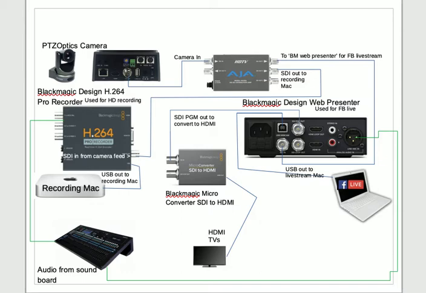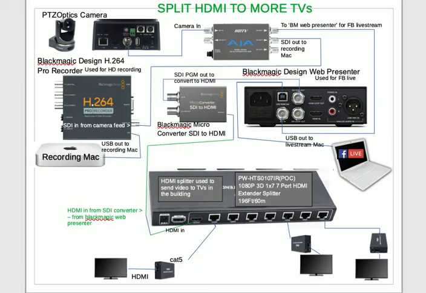Next, I had the HDMI TVs that I needed to split into more TVs. So I've already got one HDMI source just by a splitter. In my case, I needed 8 TVs over various distances. So here we have an 1080p 1x7 port HDMI extender splitter.